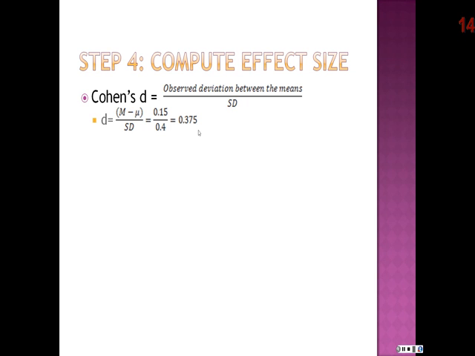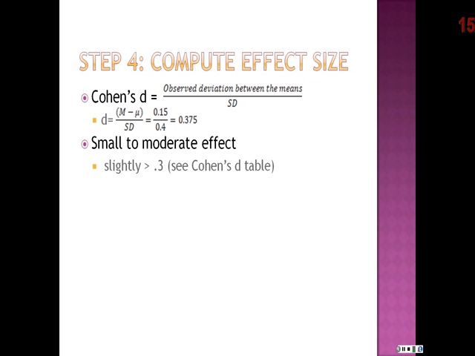And this is the value that we come up with. So you also should have seen Cohen's d in a previous lecture, and the Cohen's d is going to be the same across all statistical tests. And so what we find is a small to moderate effect. So our effect is slightly greater than 0.3, which tells us that it's a small to moderate effect. So check out the Cohen's d table for this.